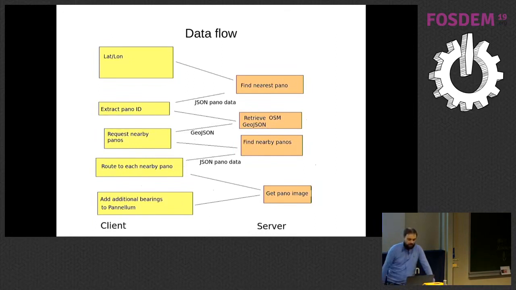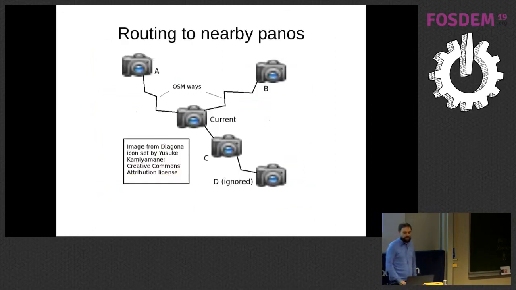Okay. Right, now there are a couple of things we need to bear in mind when routing to nearby panoramas, because it could be that we find two in the same direction. So in this example, we've got our current panorama in the middle, and we've got four nearby panoramas within range, A, B, C, and D. But the thing is, to route to C and D, we route along the same OSM way.